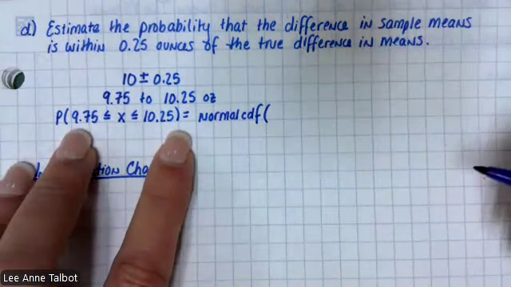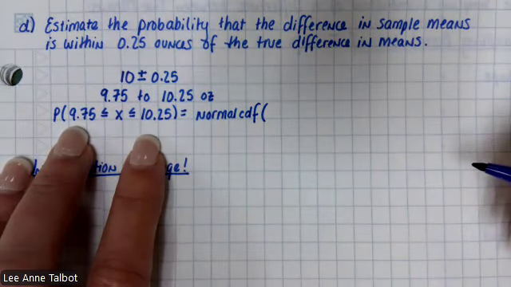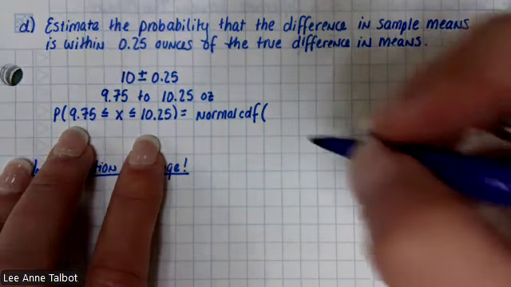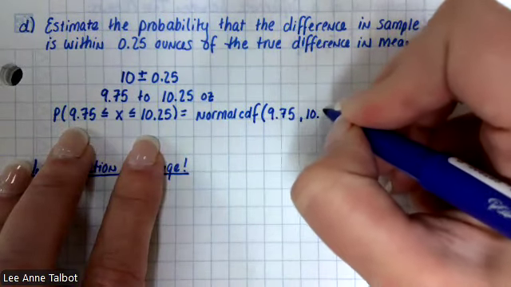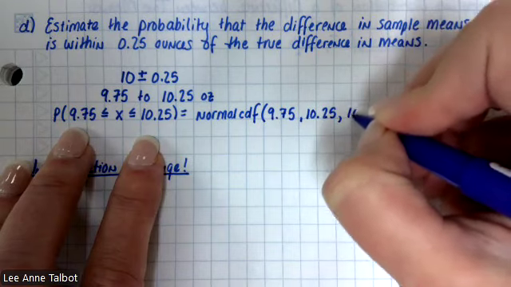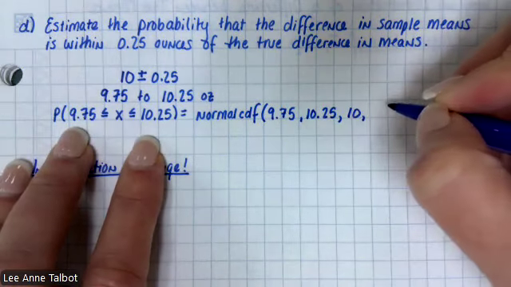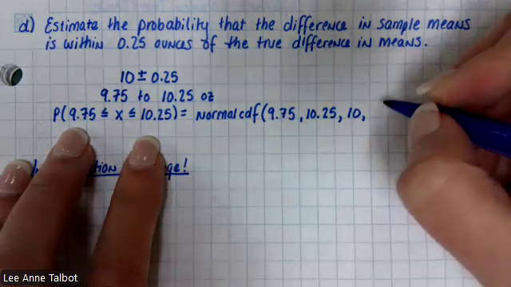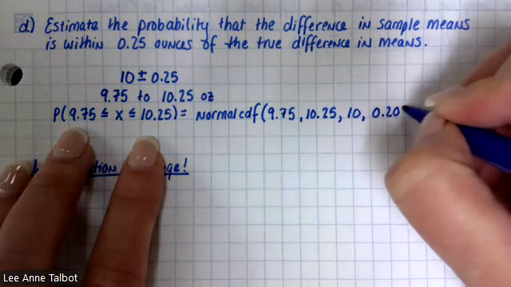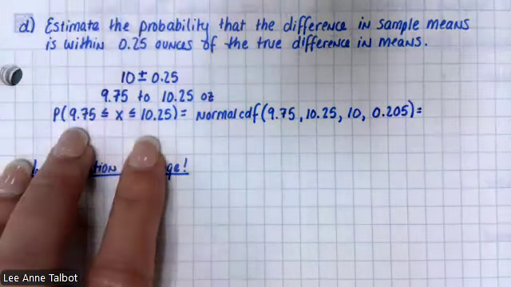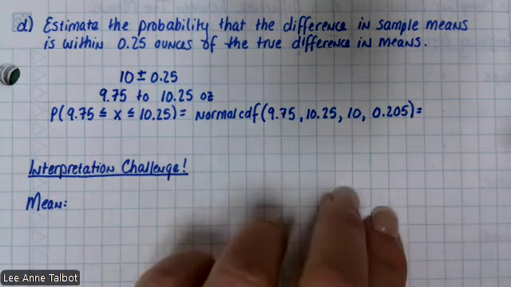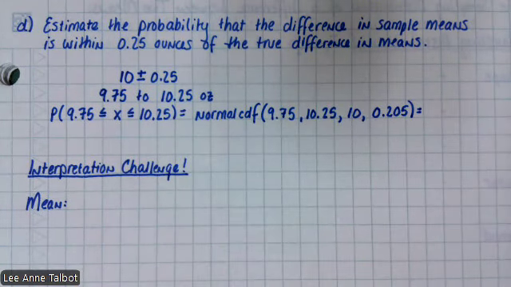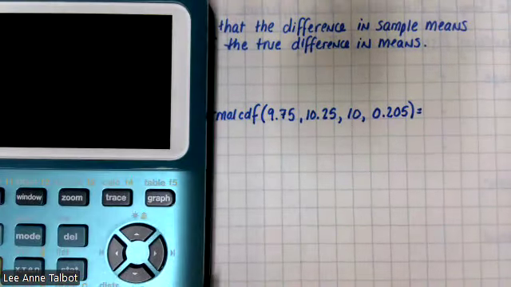You notice Mrs. Talbot's throwing in all the critical thinkings. Did inverse norm yesterday. Standard deviation was 0.205. And again, we've already labeled everything. This is kind of a satisfying answer, especially if you're me.